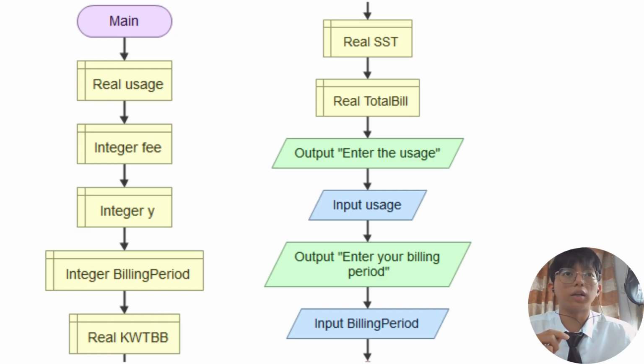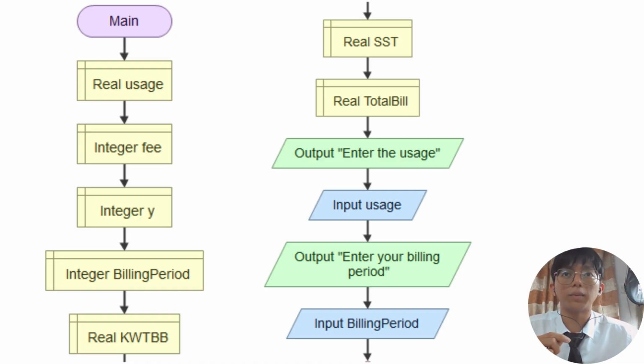Now I will start to present my flowchart. The first step is to declare the usage. The usage is the number of units we use, and the fee is based on the usage, which we calculate.